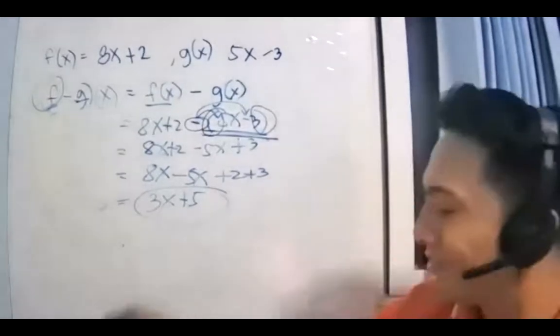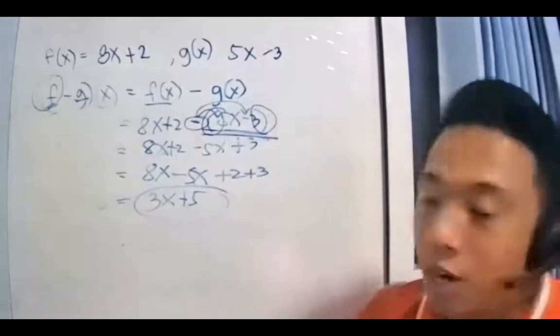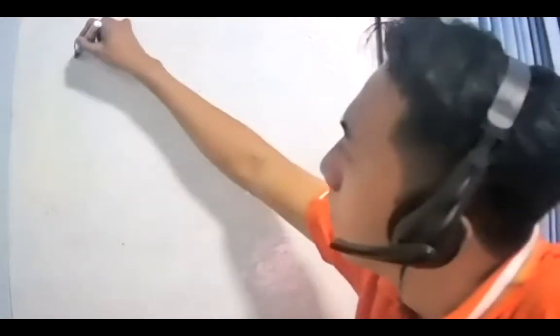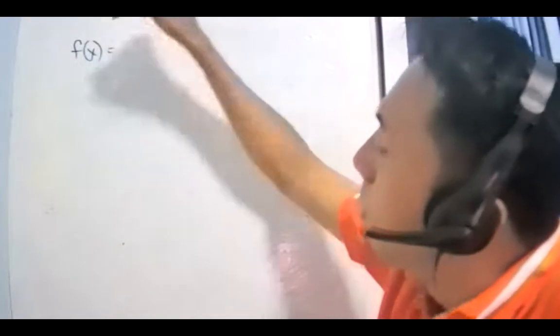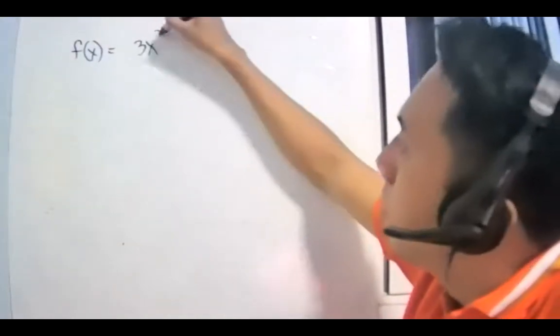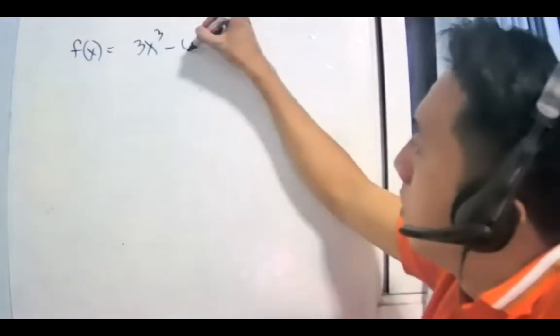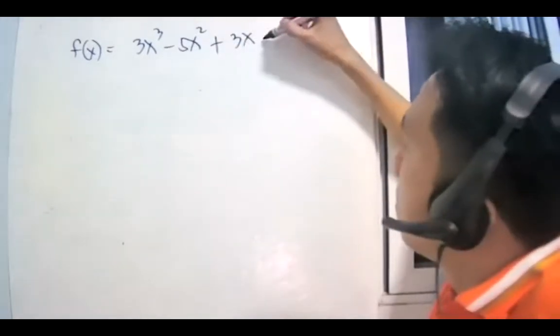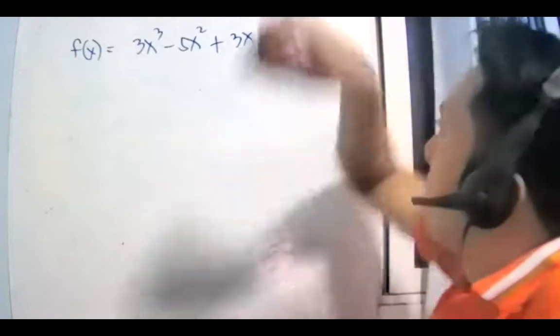Okay. Another example. Our f of x is 3x cubed minus 5x squared plus 3x minus 7.